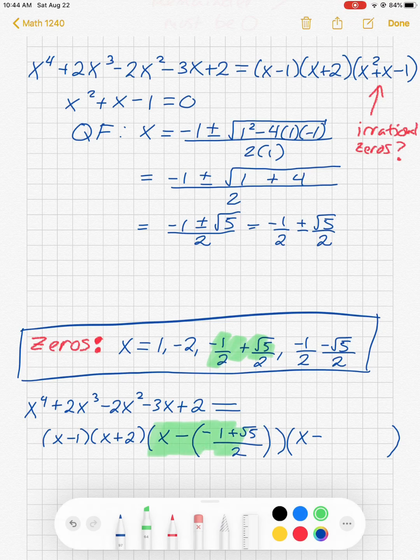You see this factor gives me this 0, because I set it to 0 and then this guy is the 0. Then this one, negative 1 minus root 5 over 2, and that one corresponds with this guy. So then that's the factored form.